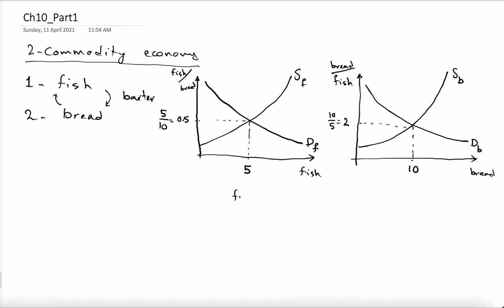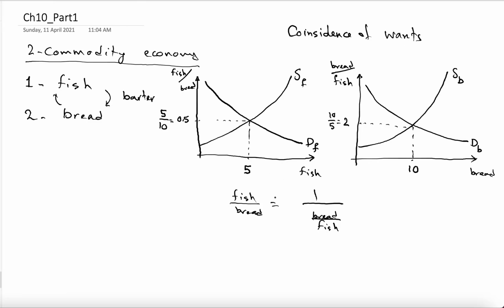The fish per bread is equal to 1 over bread per fish. And because there are only two commodities, barter is happening, because there's no other commodity. There would be a coincidence of wants.